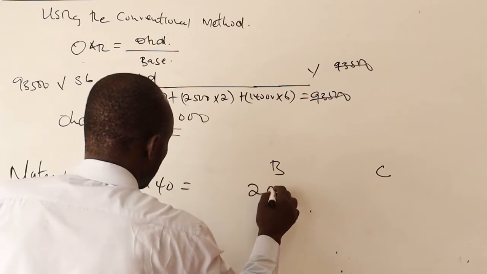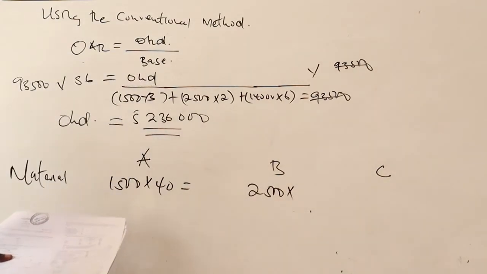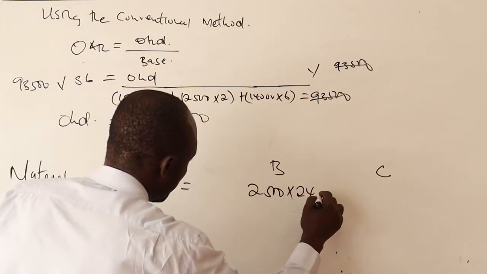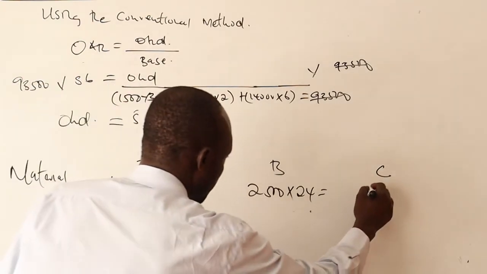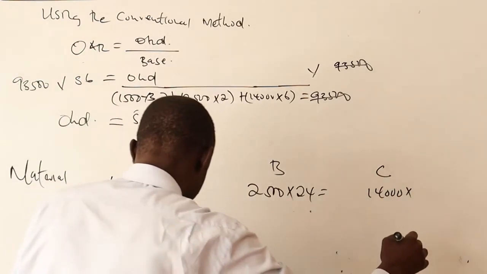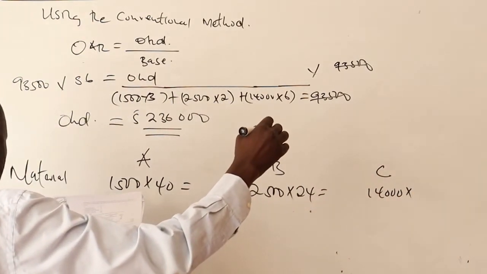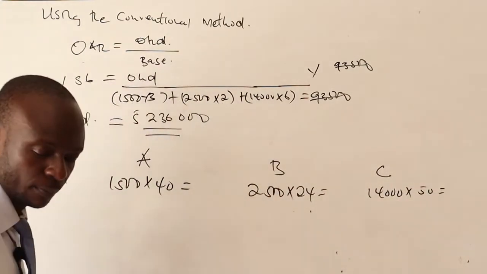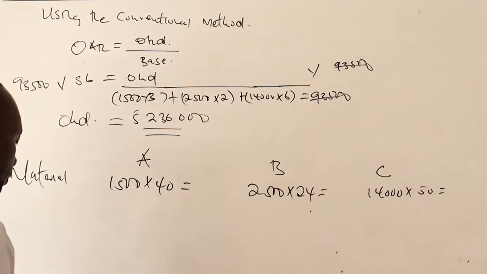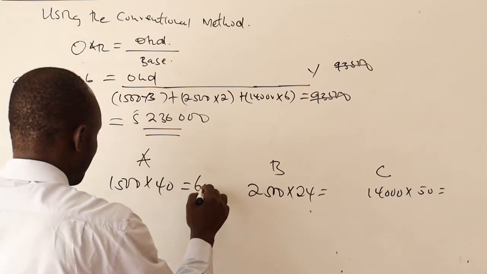This one, the total units being produced 2,500, you multiply by 24. That is the cost per unit of material. The total units being produced here is 14,000 units. You multiply by 50, which is, so this one will give us 60,000.